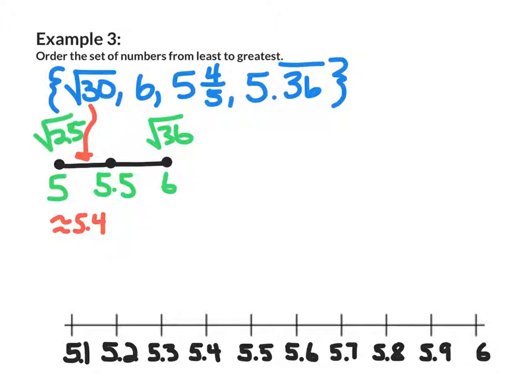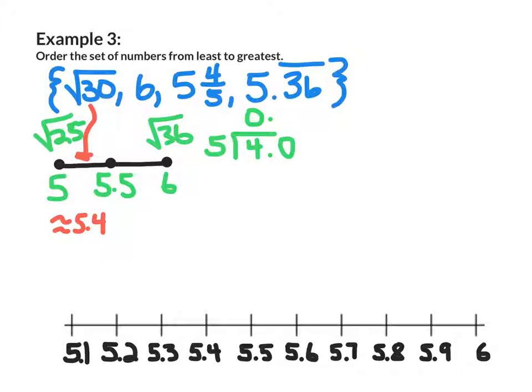Now I'm going to move on to my next number. The number 6 does not need to be converted because it's already a whole number. So I'm going to move on to 5 and 4 over 5. I'm going to use the strategy in and out. 4 is going to go in, 5 is going to go out. I'm going to divide. 5 cannot go into 4, so I'm going to put a 0 up top. I'm going to add a decimal and a 0.